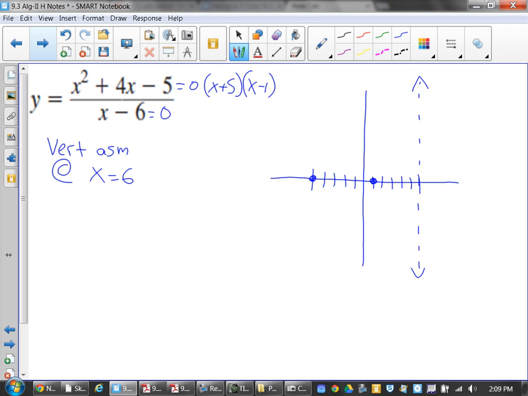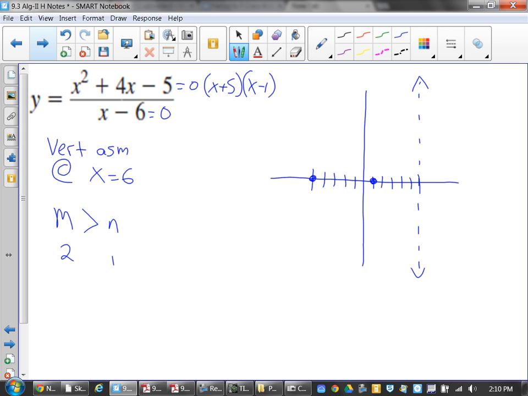Now I check the degrees. The degree of the top, the m value, is 2. The degree of the denominator is 1. Is m bigger than n, or is m smaller than n, or is m equal to n? Bigger. So according to my sheet here, if m is greater, do I have horizontal asymptotes?